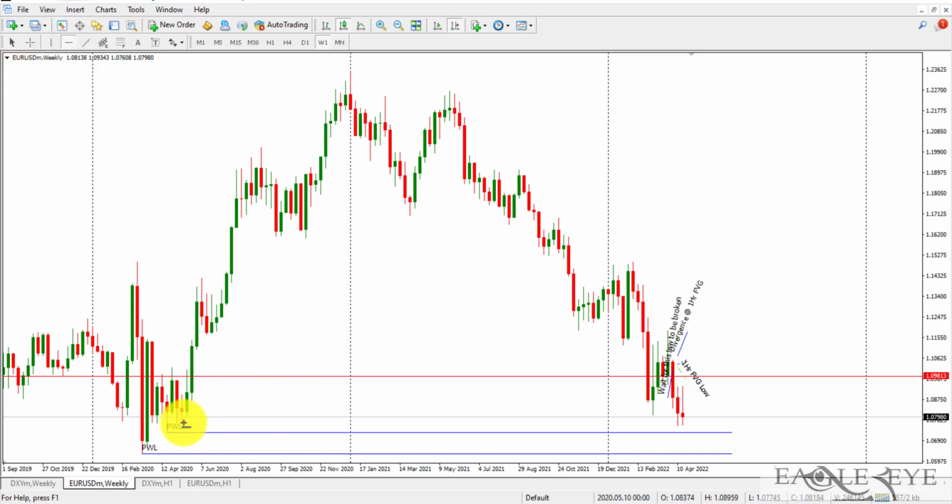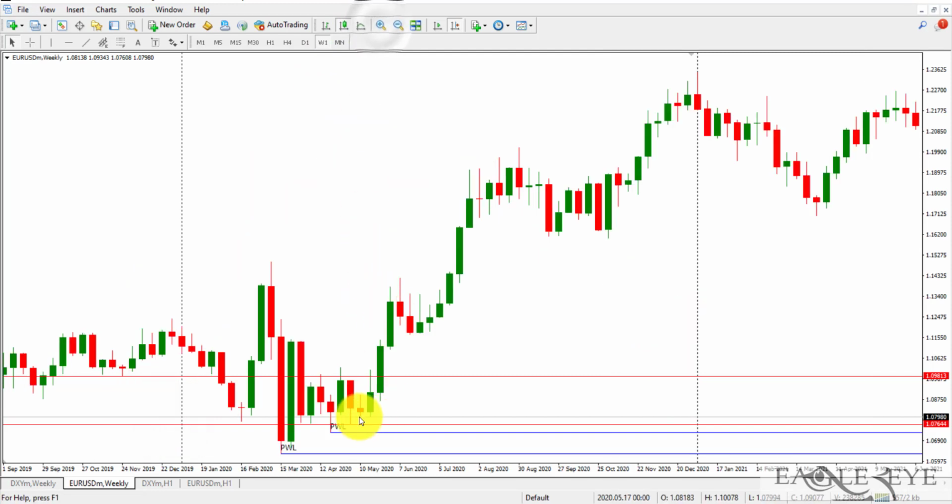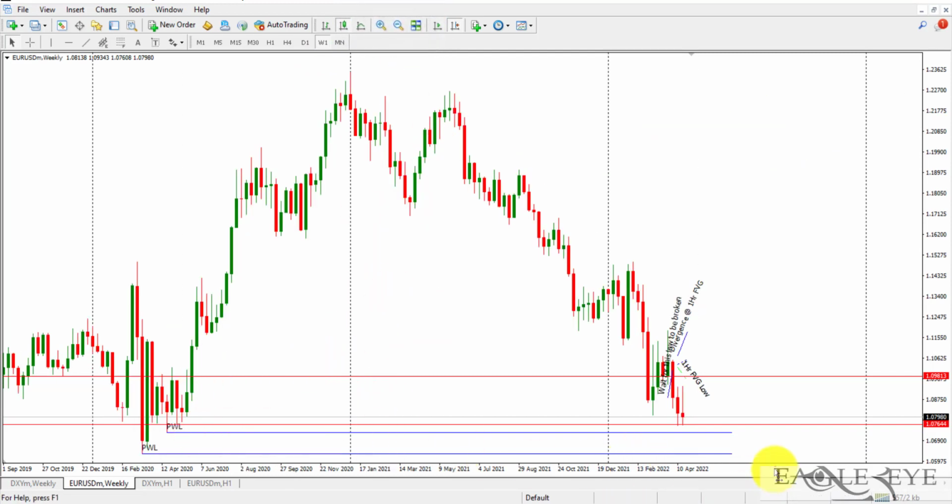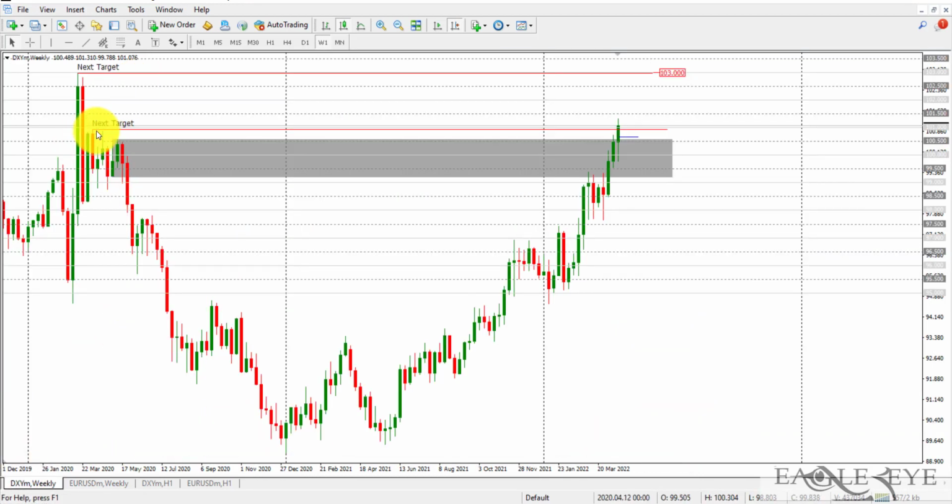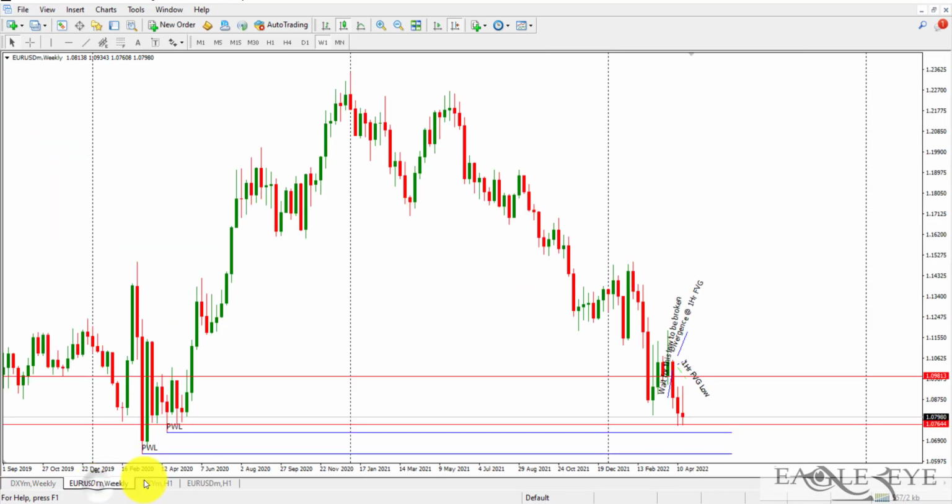So that's the last low that was taken in the market over here. Then the next target on this particular week was that I was expecting this low to be taken, as this high was being taken in the dollar index. But it didn't happen.